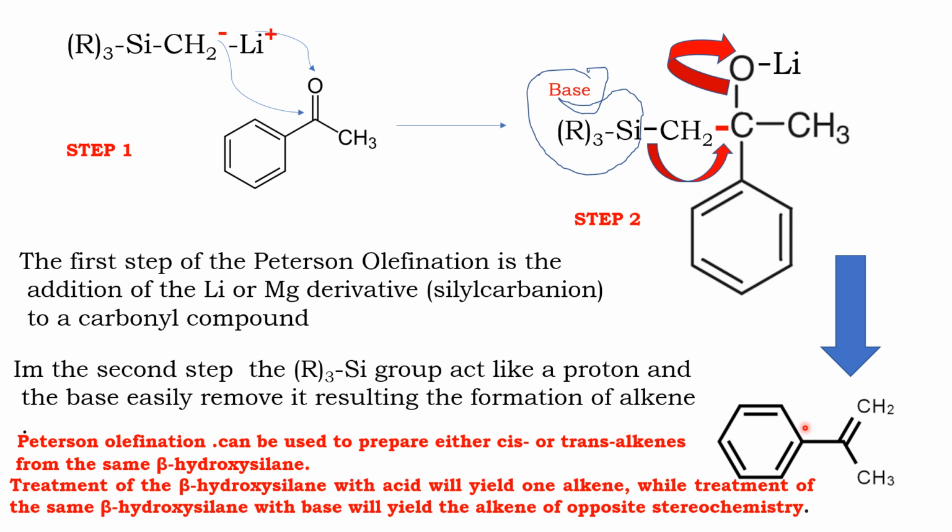And Peterson olefination could be used to prepare either cis or trans alkene from the same beta-hydroxysilane. The condition is that if we use acid, it will give one alkene; if we use base, it will give the opposite stereochemical alkene, that is cis or trans. So depending upon the base or acid medium that we are using, we may get the stereo alkenes, that is cis or trans. Take down.